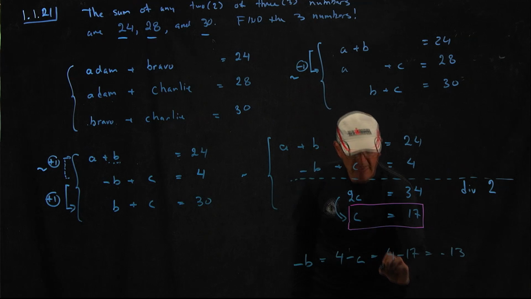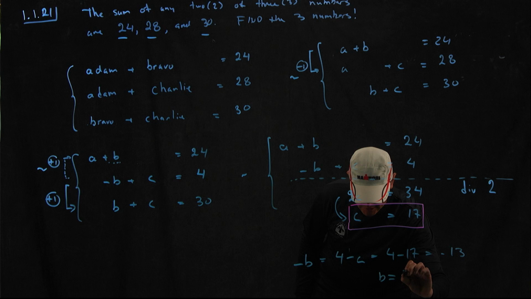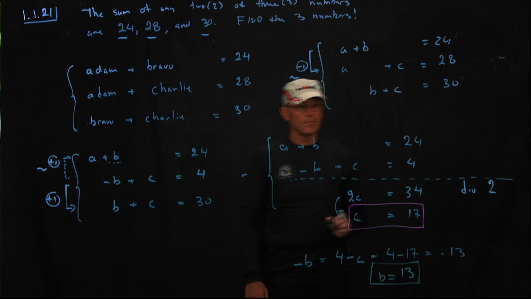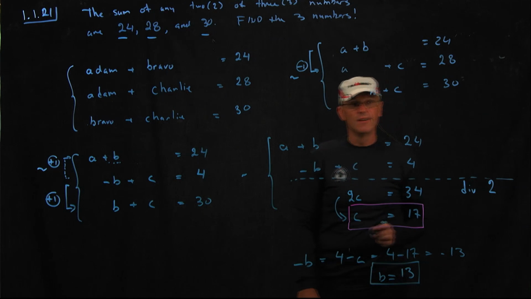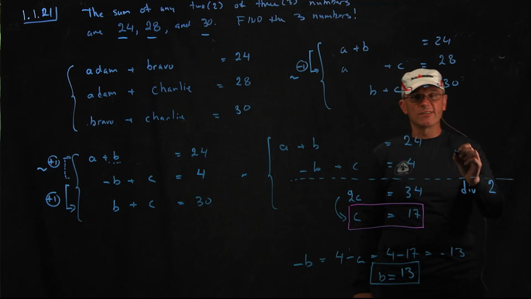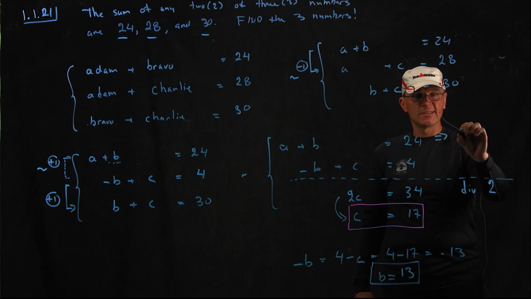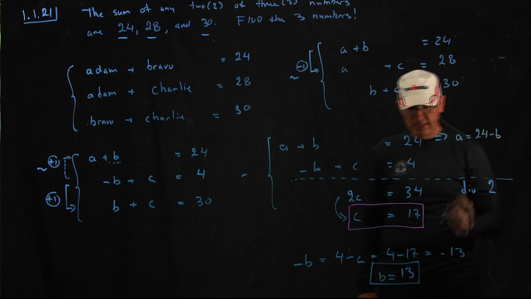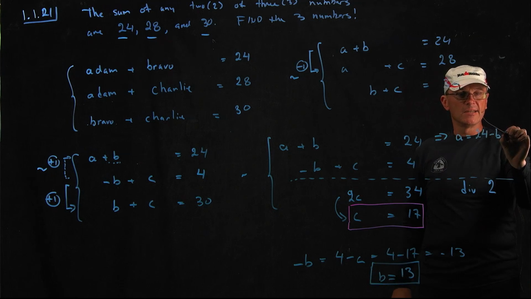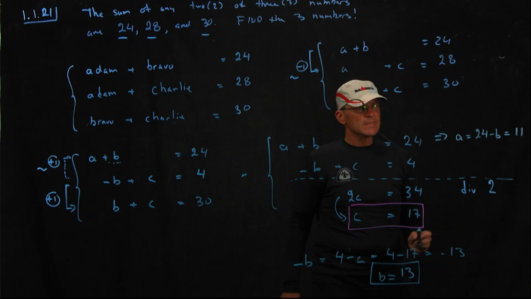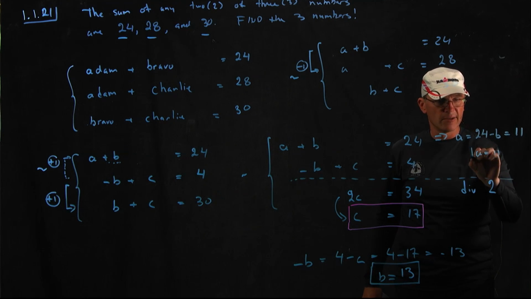And of course, that means that b should be 13. So that's also part of our solution. And then we can plug the value of b into the first equation, because this says that a is 24 minus b, b being 13, that better come out to be 11. So a equals 11.